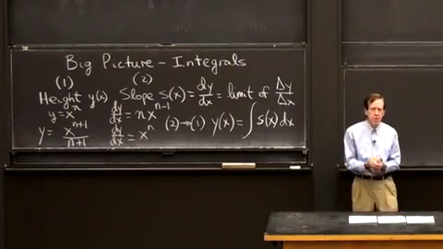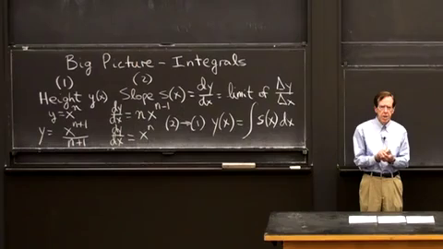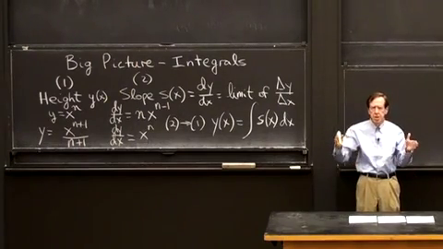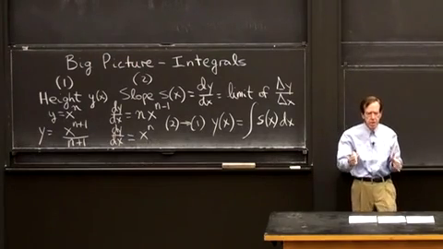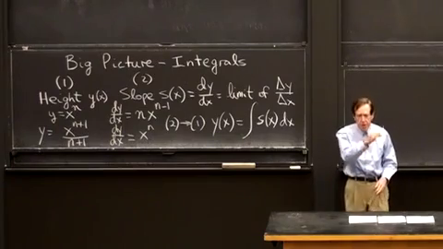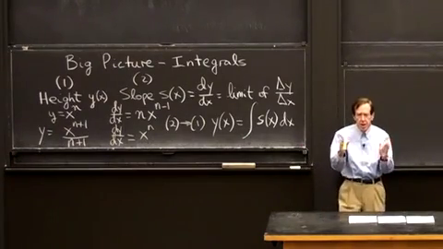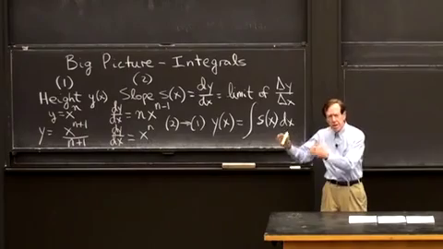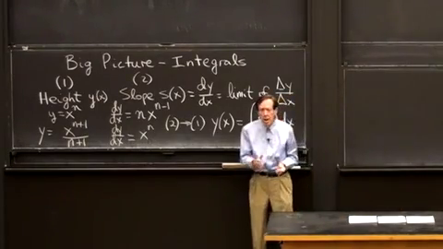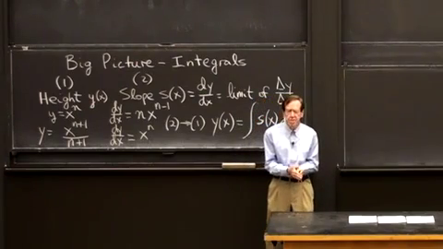Okay, so how am I going to proceed? Step 1, I'll take steps. I won't try to get immediately to the case of continuous change. I'll take single individual steps. Let me do that. And then I'm going to take smaller steps.